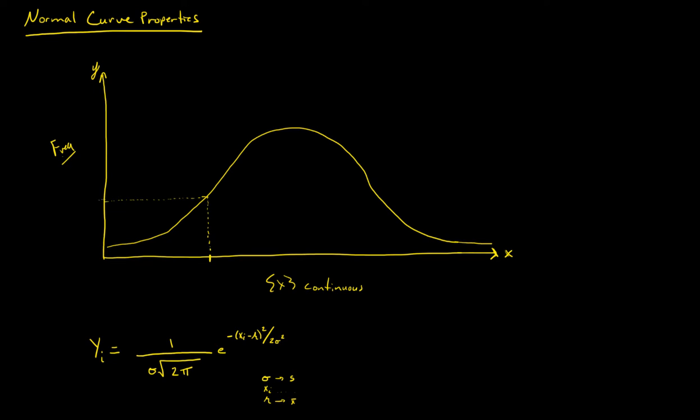This would give us the y sub i for this particular x sub i value, if we knew the mean and the standard deviation that was forming this particular normal distribution. I just want you to understand basically what's happening here. This line follows that normal probability function, and this makes a lot of sense.